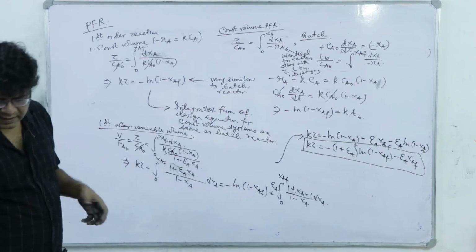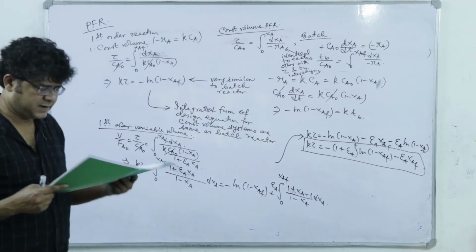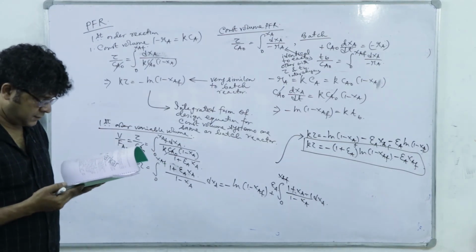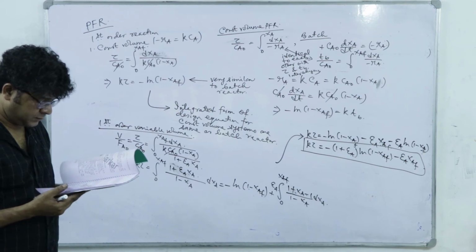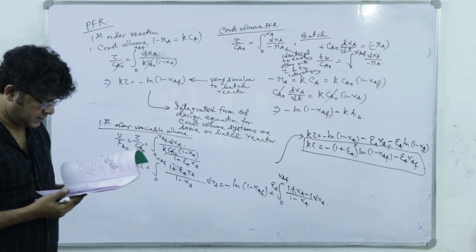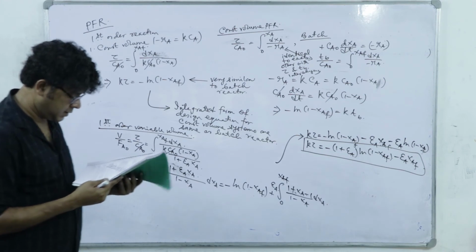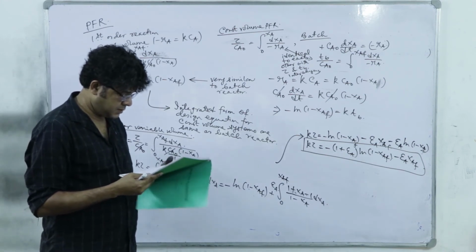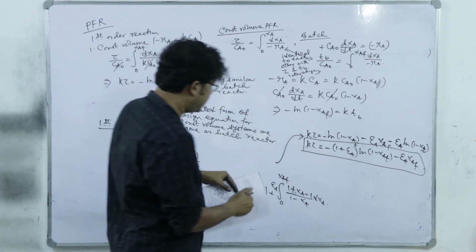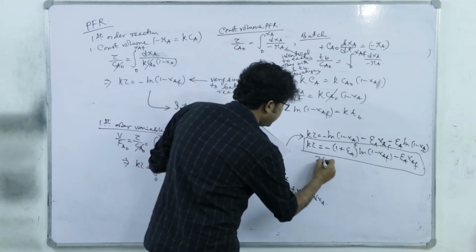So similarly we have to go for complex, a bit difficult integrations for this variable volume, like 2A giving product. I am not doing this integration.